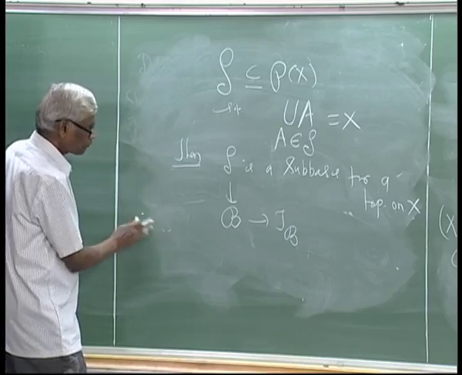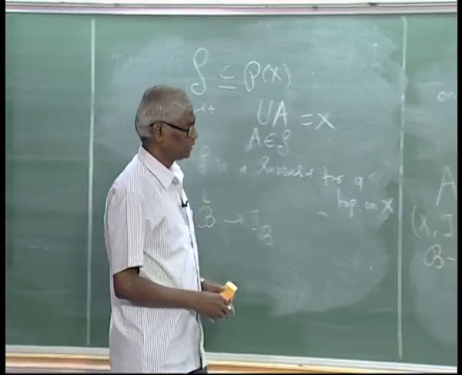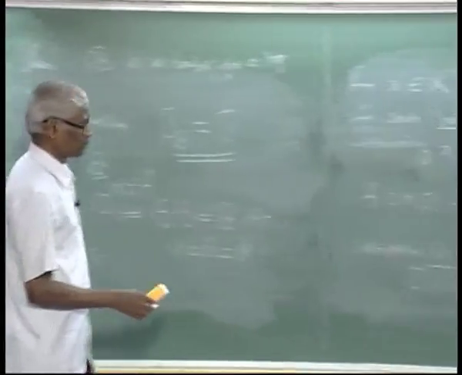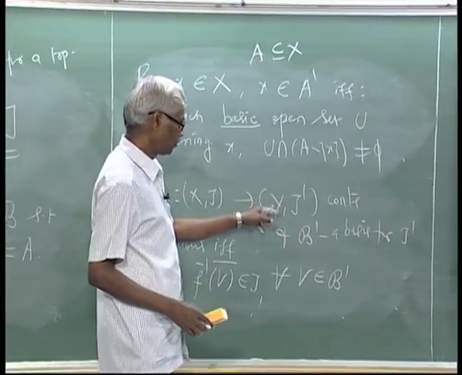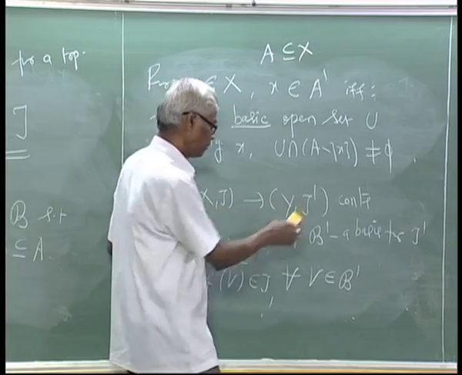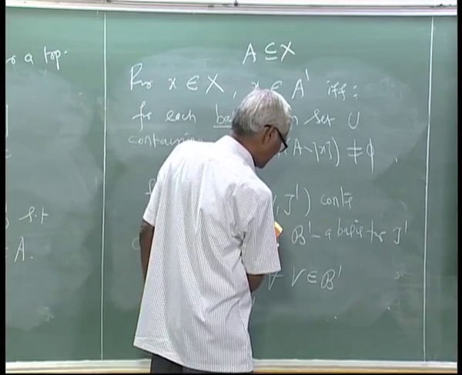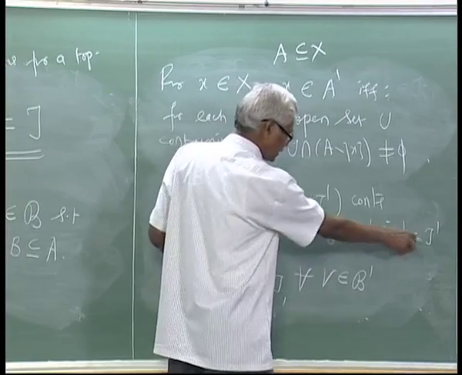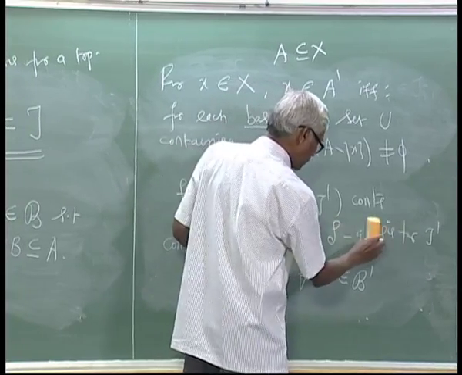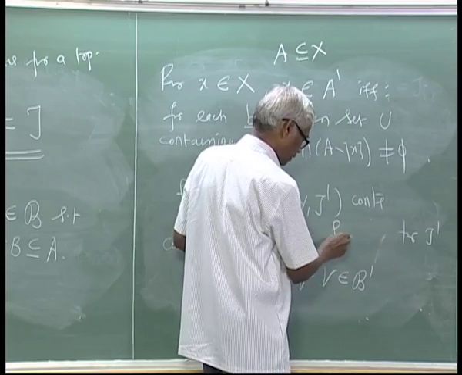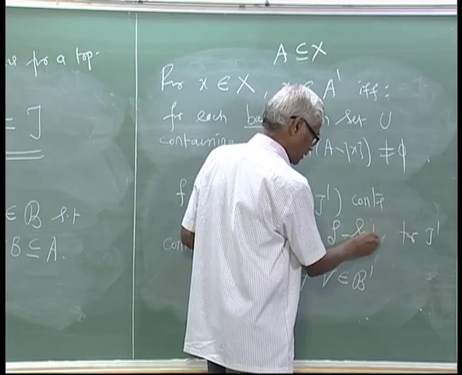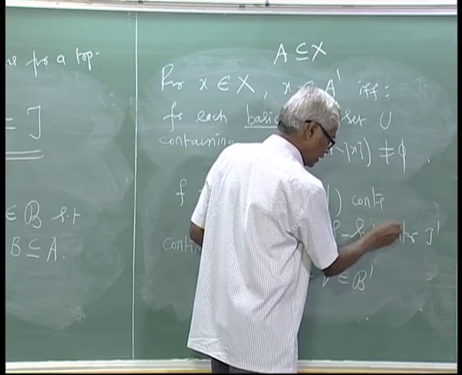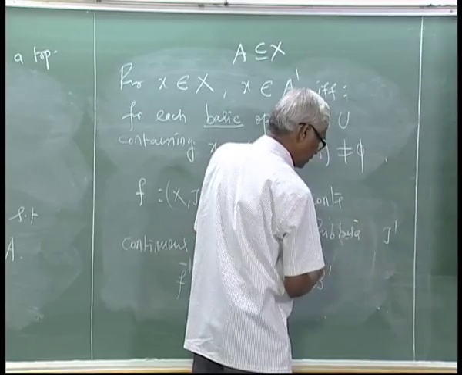Now it is easy to prove that F from X, tau to Y, tau prime is continuous, where script S is a subbasis for tau prime.